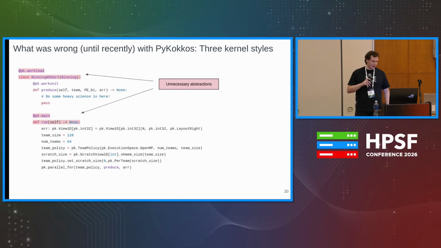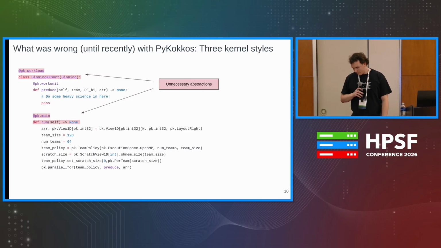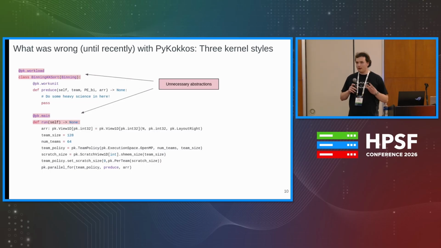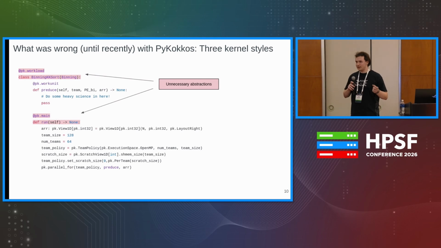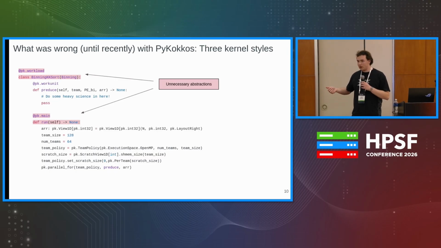The next thing is some unnecessary abstractions. In the past, we had 3 ways to define exactly the same thing that will produce exactly the same output and the same results. Why do we need these 3 ways? Because we forked from Kokkos. We wanted to be as Kokkos as possible.